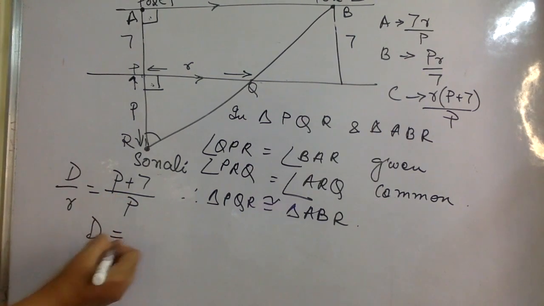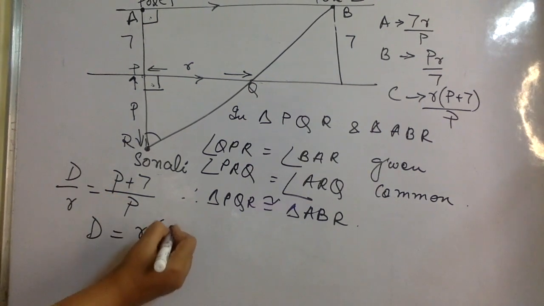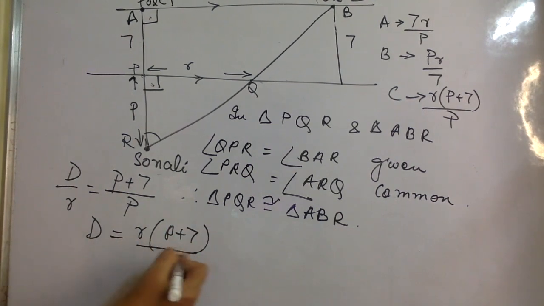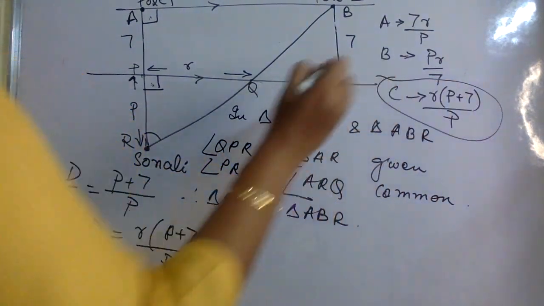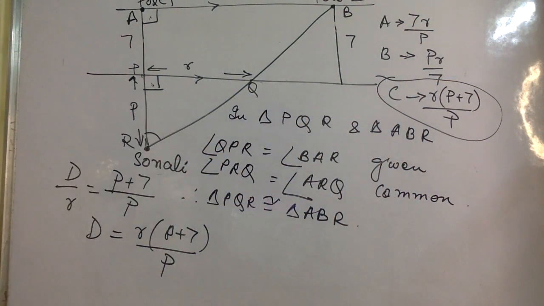So d is equal to r into p plus 7 by p. Okay, so for us the C expression is the correct expression. So C gives us the expression for the distance between the two poles.